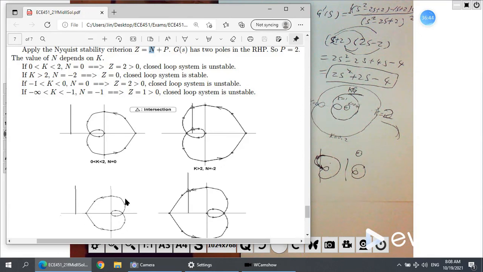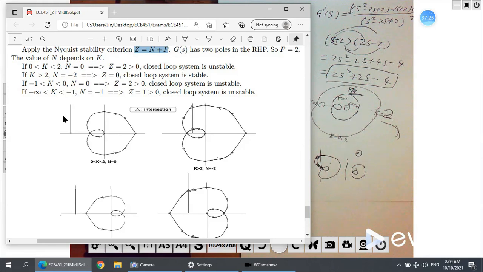And if the value is close to 0, no more than -1, the curve will look like this and not have an intersection with this line. This line starts from -1 going up to infinity, right? No intersection, that means N is 0. And N is 0, you plug in here, you get Z is 2. Z is 2, so you have two poles in the right half plane, two unstable poles. So the closed loop system is unstable.